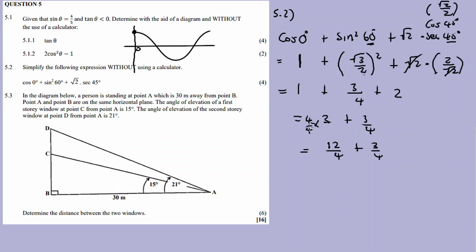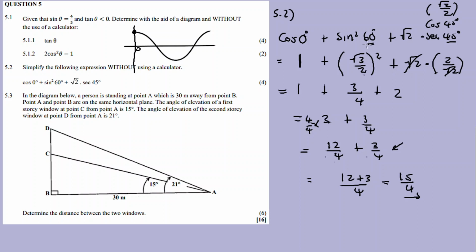By multiplying by 4 over 4, we are finally multiplying by 1, right? The aim is to make this 3 into a fraction with a denominator of 4, so now I'm adding fractions with the same denominator. I just say 12 plus 3 divided by 4, which is 15 over 4. Now I have my answer.